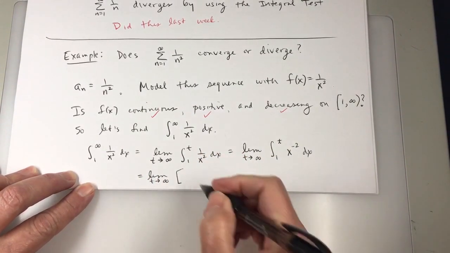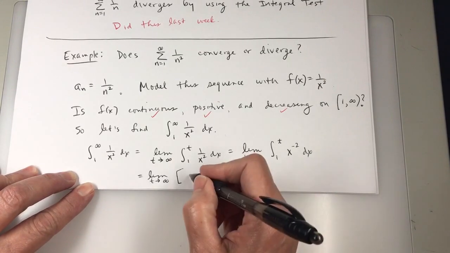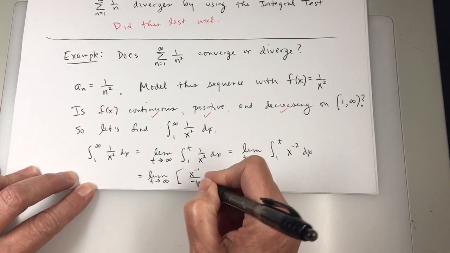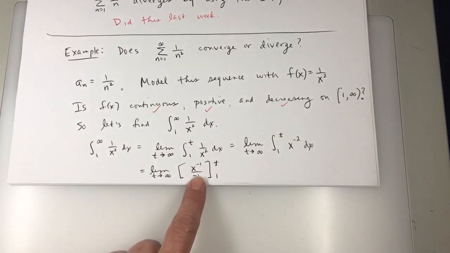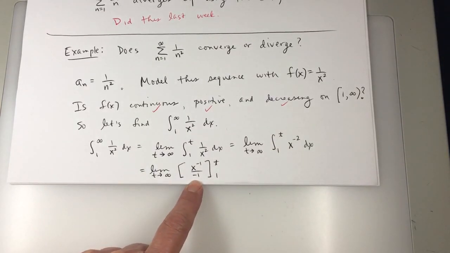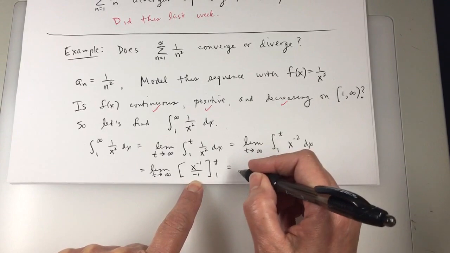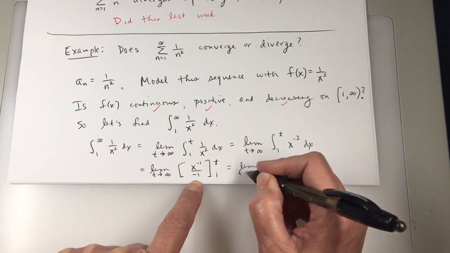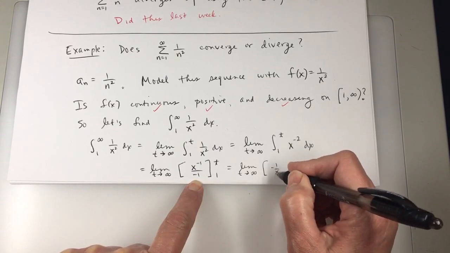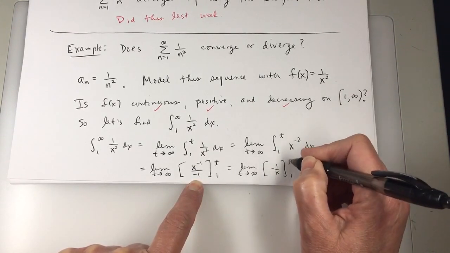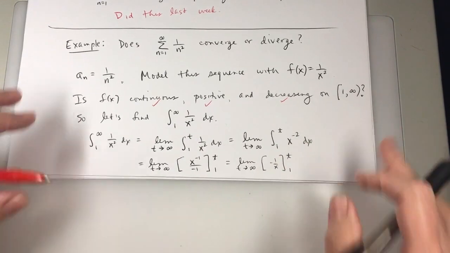So, in fact, it's going to be negative, because it's going to be x to the negative 1 over negative 1. And that could be negative 1 over x. So the limit as t approaches infinity of negative 1 over x, and I'm going from 1 to t.